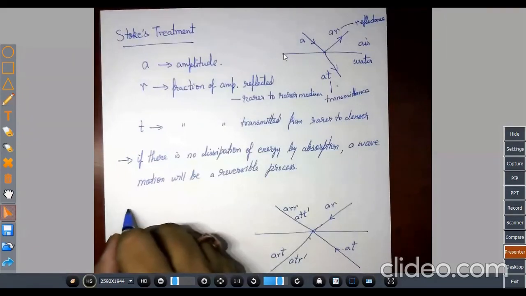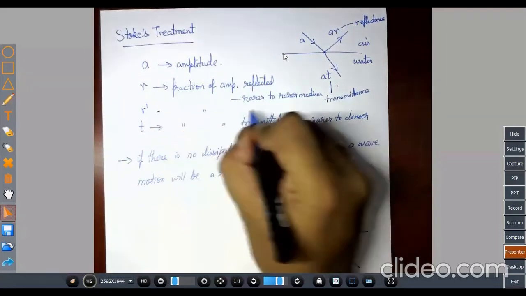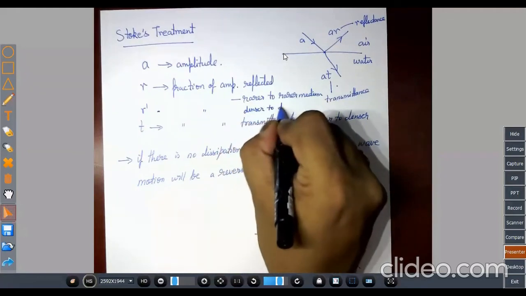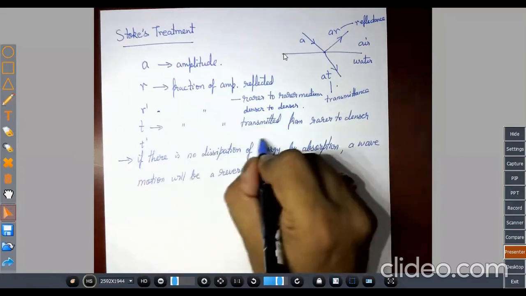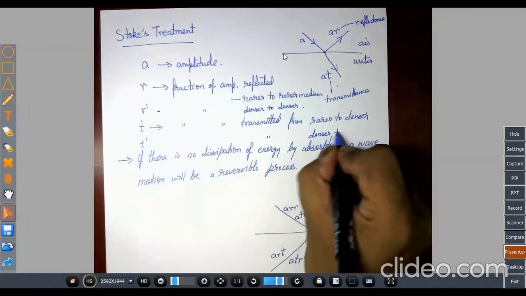So r dash is the fraction from denser to denser, and t dash is from denser to rarer.